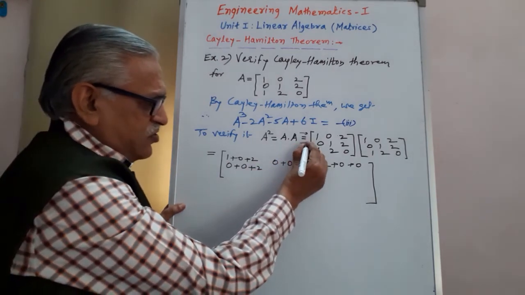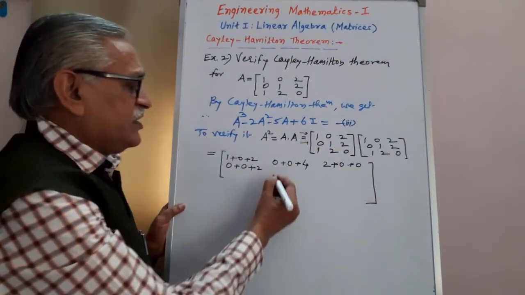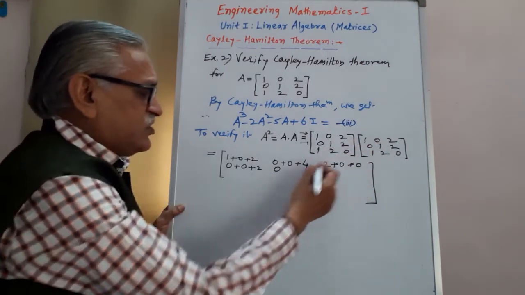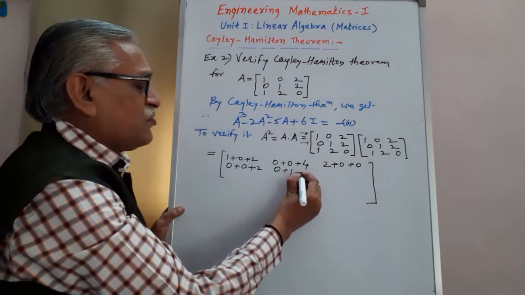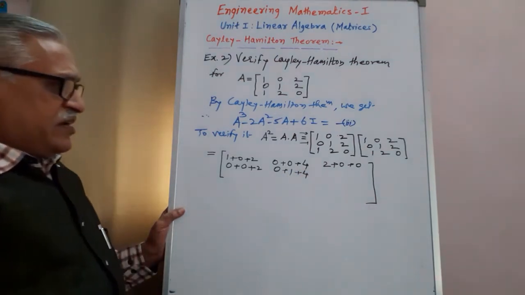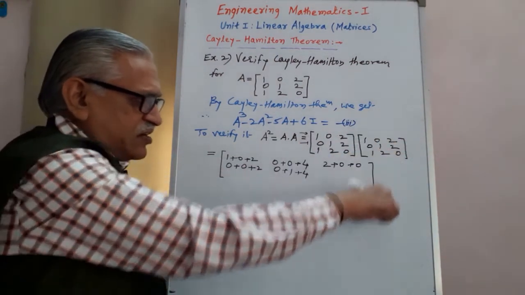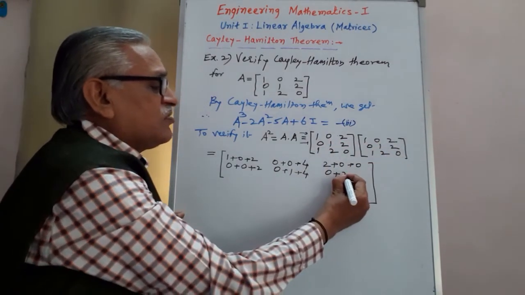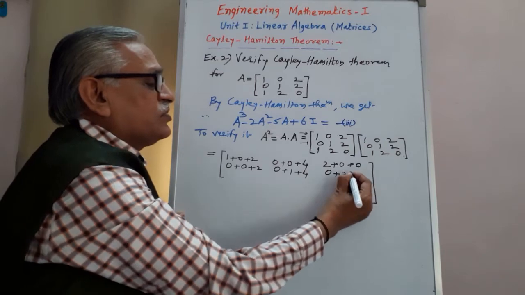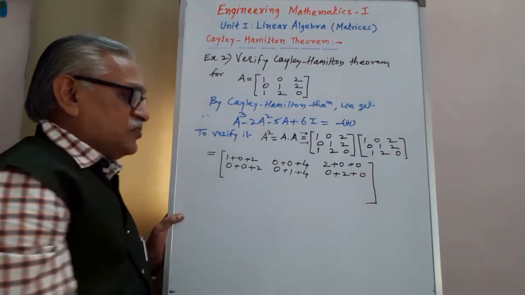Then by the second row to the second column, 0 into 0, 1 into 1, 1, and 2 twos are 4. Next, by the second row to the third column, 0, 1 twos are 2, and 2 into 0, 0.